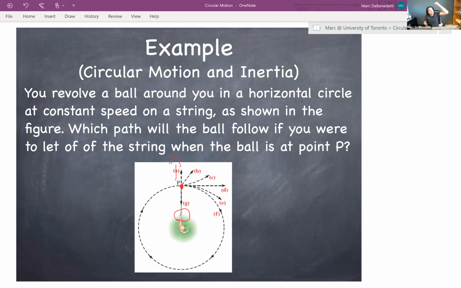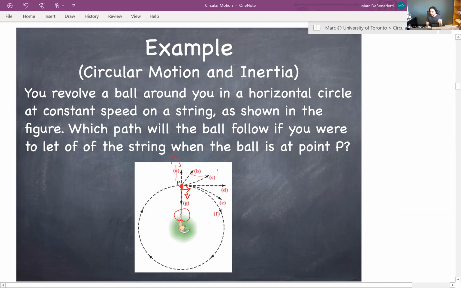If I'm in the middle of turning a ball around over my head and I just randomly let go of the ball, at that moment in time, there is an instantaneous velocity traveling to the right. So if I let go of the string, that instantaneous velocity traveling to the right is not just going to magically disappear. So for it to move in the direction of A is just completely unheard of. And same with G. G is like if I let go of the string, the ball comes at me. That makes no sense.